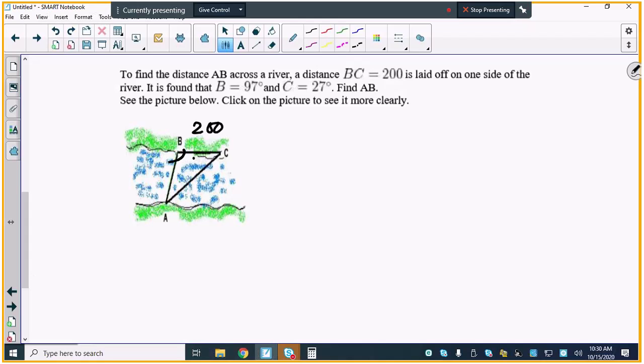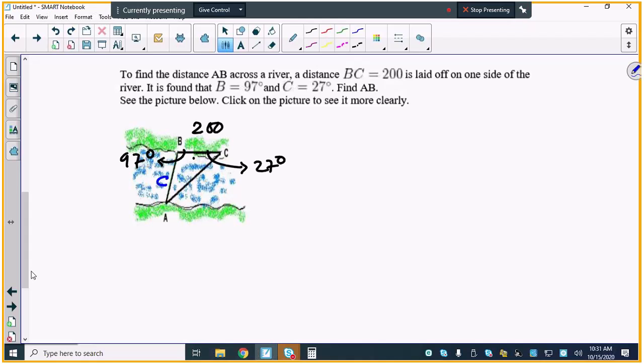So this one is 97 degrees. Angle C is 27 degrees. Find the side AB. So I want to know this side. Remember, this is the opposite side to the angle C. So you can also call it c here. So this seems like a problem that we have already done in the last one.